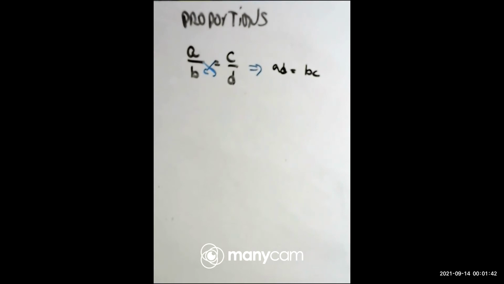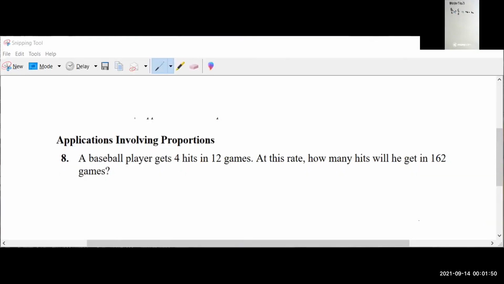So let's try the first one. Hopefully you can read this one. A baseball player gets 8 hits in 12 games. At this rate, how many hits will he get in 162 games? I'm going to write the information on the board.